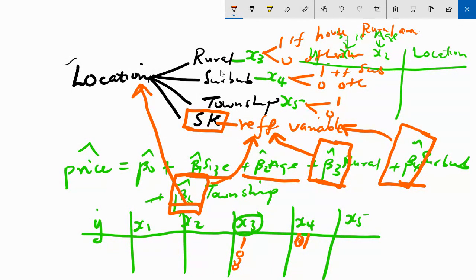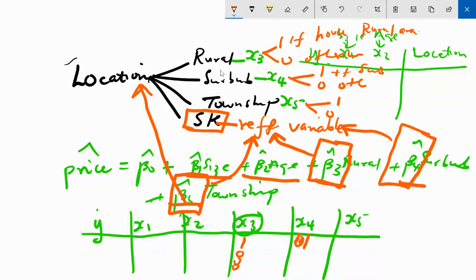Let's assume that I want to interpret beta 3. Beta 3 goes with rural, isn't it, Home? So you'll say, suppose that the beta for rural is positive. Assuming that the beta for rural is positive, you will say holding constant the effect of the other independent variables. It means you are holding constant the effect of size, age, suburb, and township.